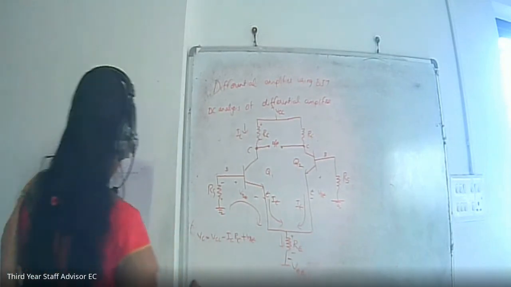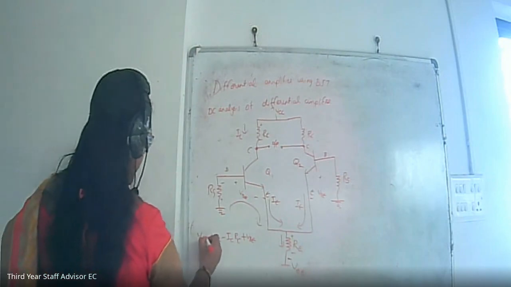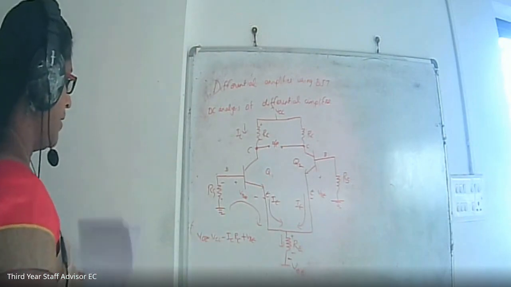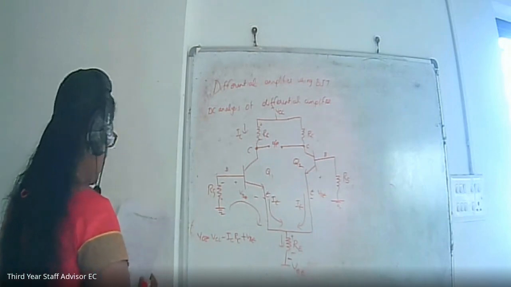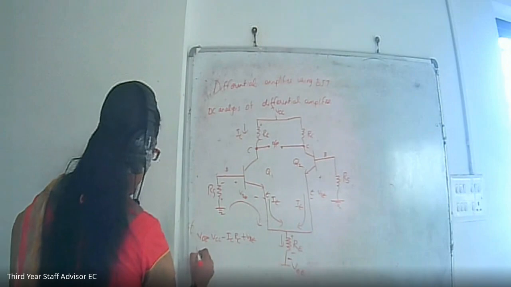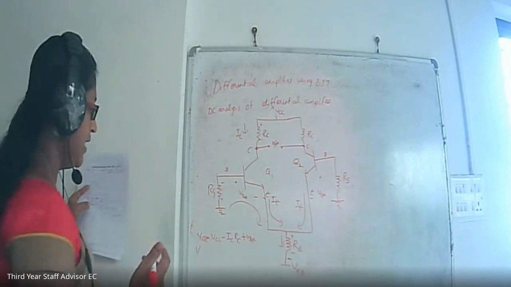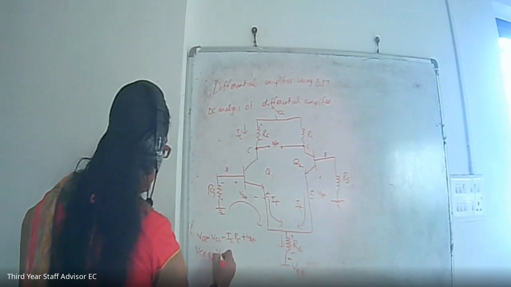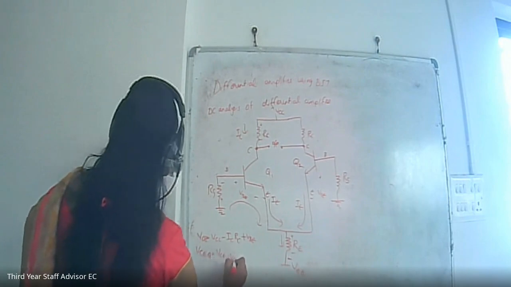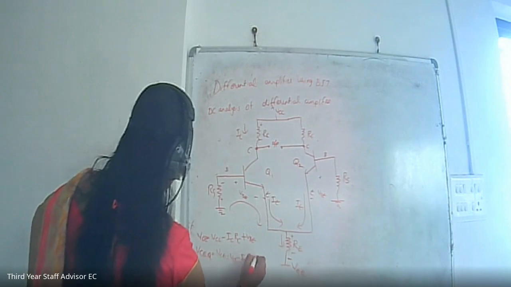So this is the equation for VCE: VCE is VCC minus IC RC plus VBE. In the DC analysis, we want to find the quiescent operating point, that is VCEQ. VCEQ will be equal to VCE, that is VCC minus IC RC plus VBE.